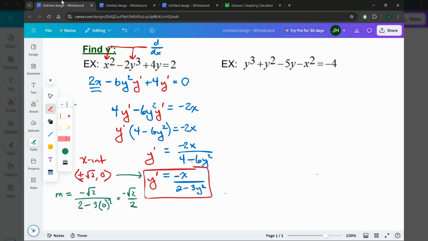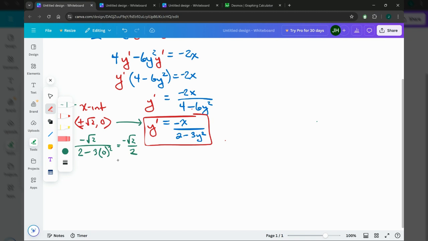So what I can do also is, and this is for positive radical 2, I could write my tangent line: y minus 0 equals negative radical 2 over 2 times x minus radical 2. This is the slope of the tangent line, negative radical 2 over 2, at the coordinate radical 2 comma 0, and that helped me write my tangent line.